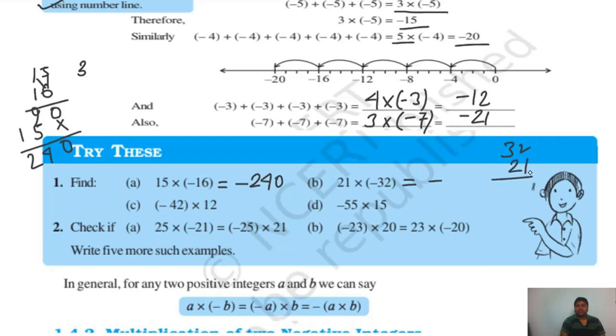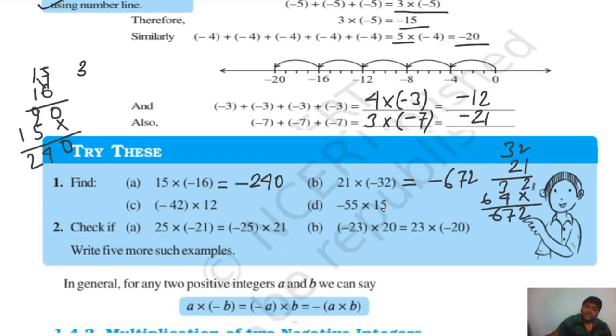First we multiply 1 by 32, that is 32, plus 2 by 32, that means 2 twos are 4, 3 twos are 6, that is 64, so 672. This is the result. Okay, in a similar way we also try minus 42 into 12 and minus 55 into 15 and the other parts.